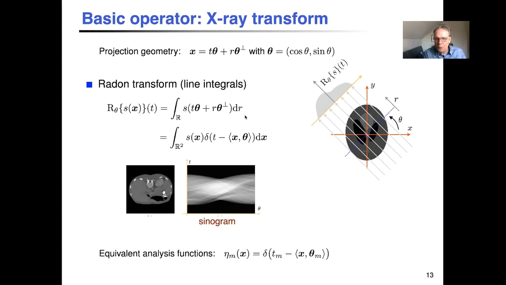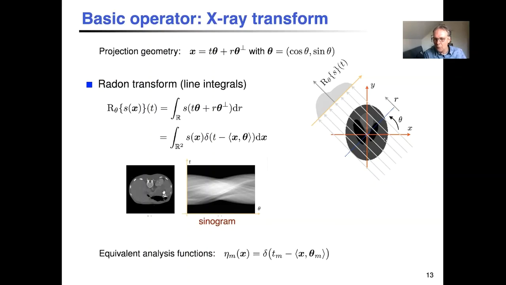And now what we are doing with this Radon transform, now we are considering many different angles and shooting X-rays or rays through a specimen at some fixed angle. So here for a fixed angle theta, what one is doing is integrating the specimen along those lines.